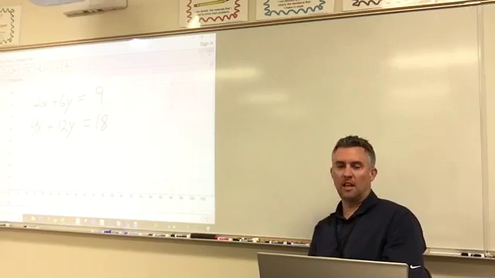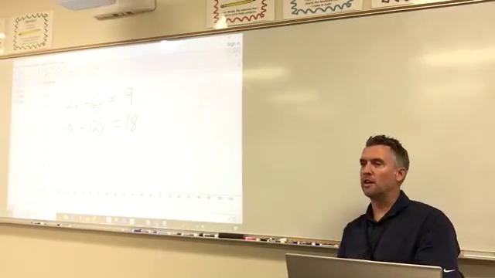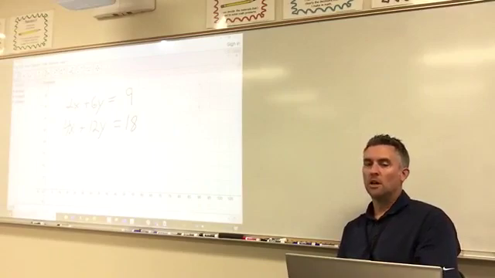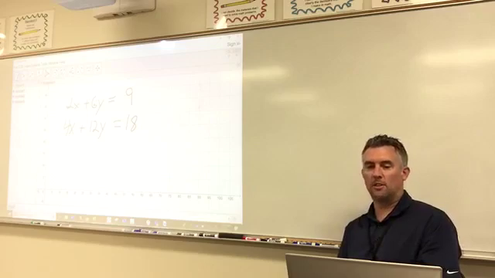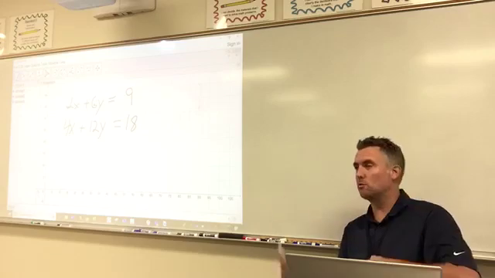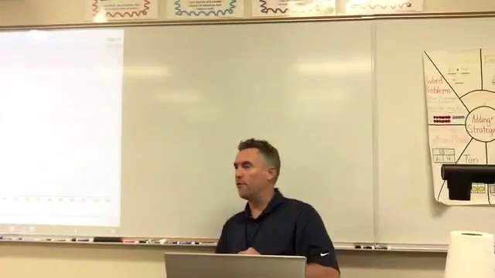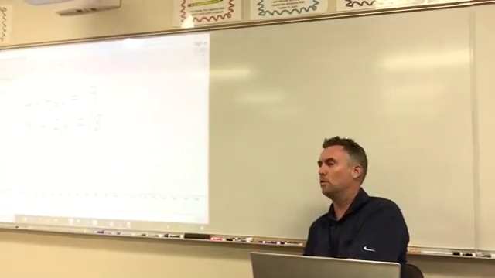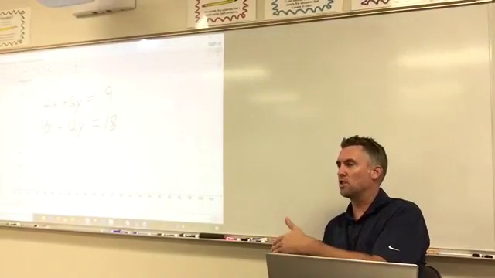Do you see how that'll cancel? The x's will cancel. Your negative 4x and your positive 4x will cancel. I mean, we could do substitution, but in order to do substitution, I'd have to move the 6y to the other side. Then I'd have to divide by 2. So I'd get 9 halves over 3y. Now I've introduced fractions, which is fine. I mean, we can handle fractions. But why do that if we don't have to, right? Let's work smart.